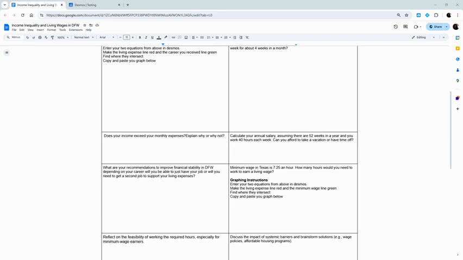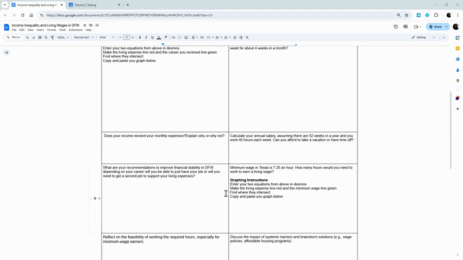So say they make $20 an hour times 40 equals $800 a week. And then there's 52 weeks in the year, so multiply that by 52. And so they'd make $41,600. That's how much their salary is.